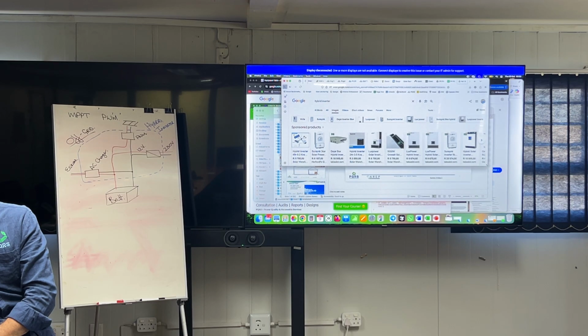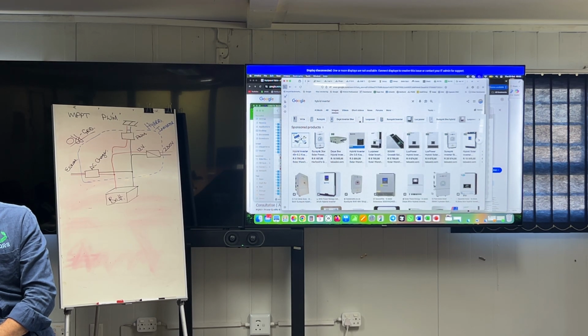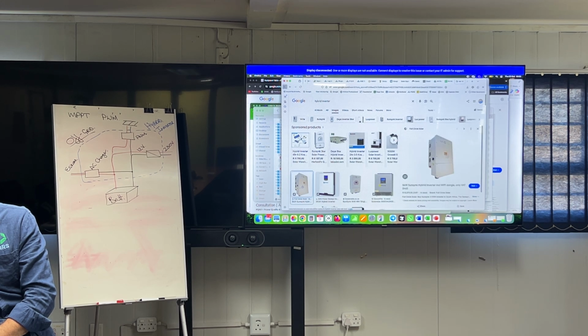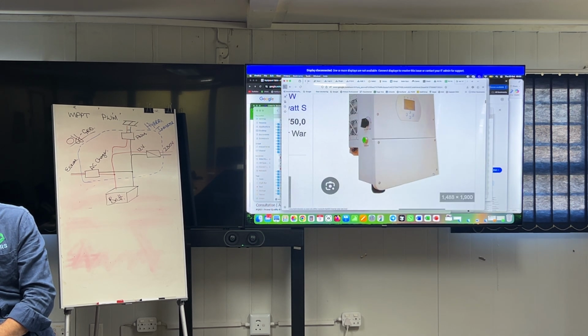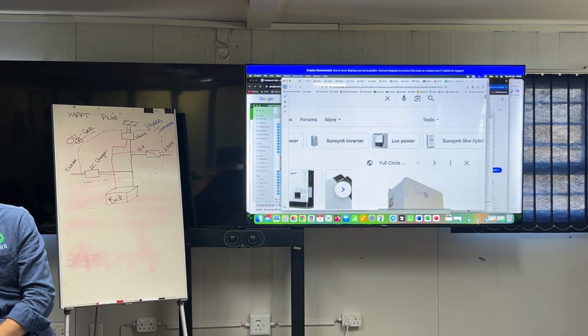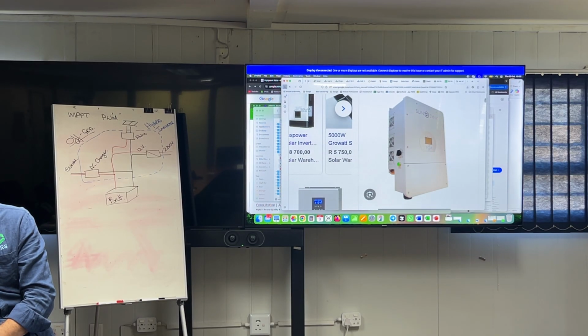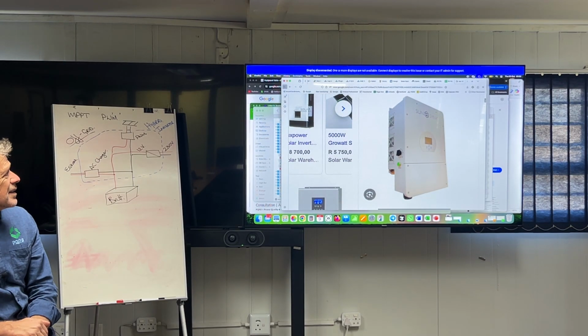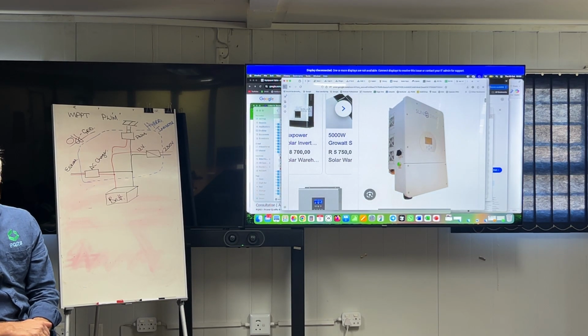So on the screen, if you guys look at these inverters, I'm just going to click on one of these. That's what a hybrid inverter looks like.